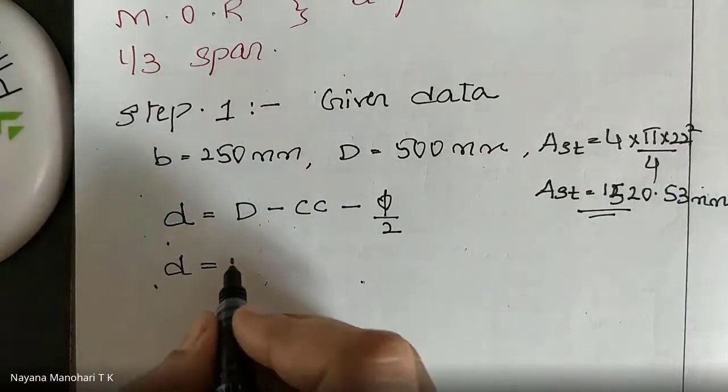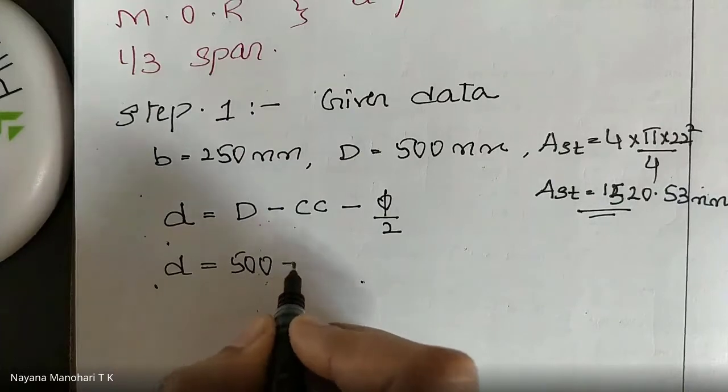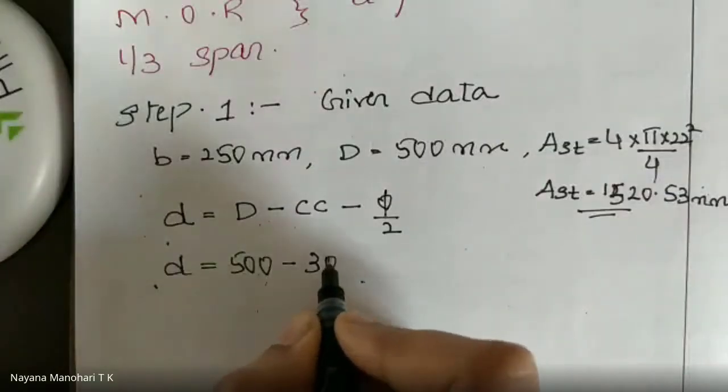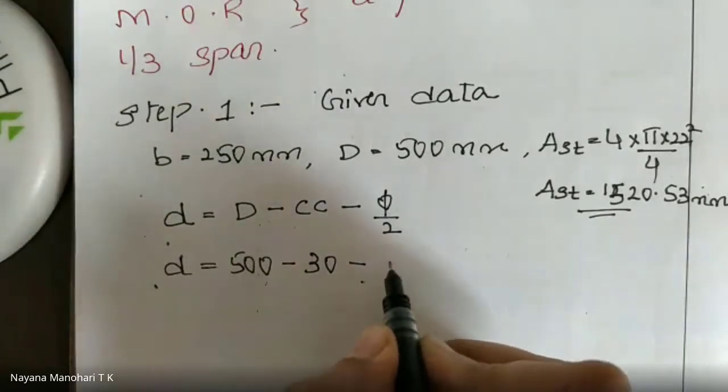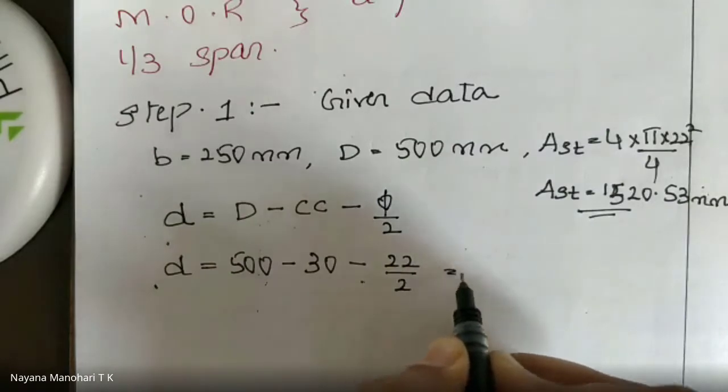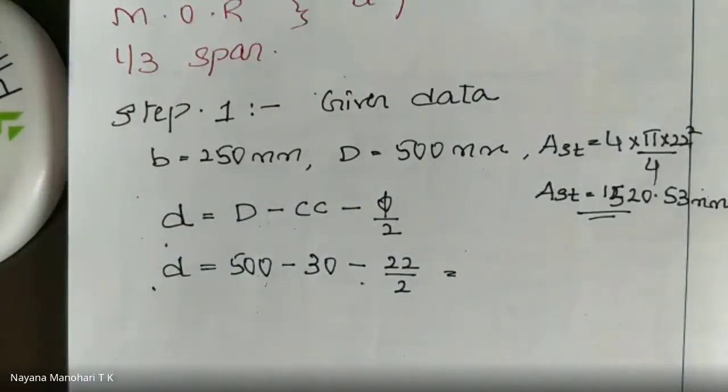Overall depth, it is what? 500 minus clear cover, take it as 30 mm, minus dia of the bar, it is 22 divided by 2. What will be the effective depth? 459.